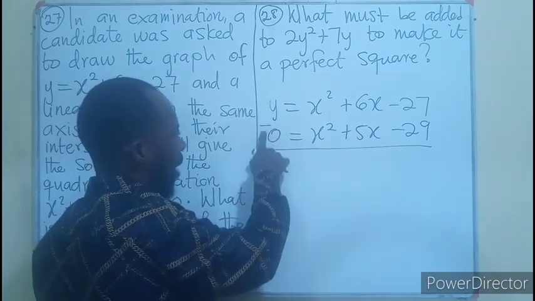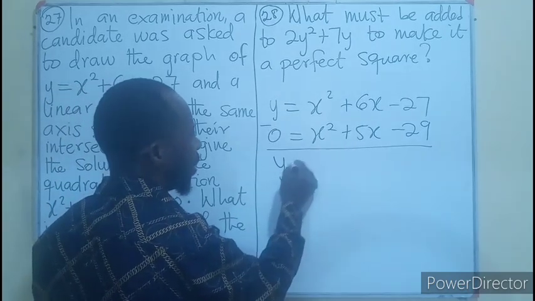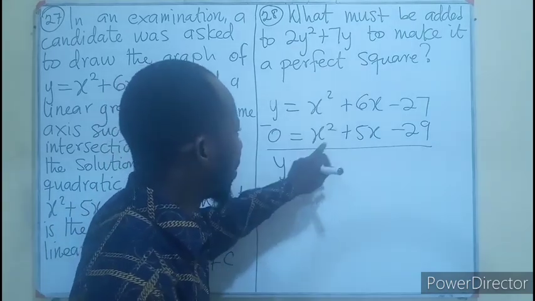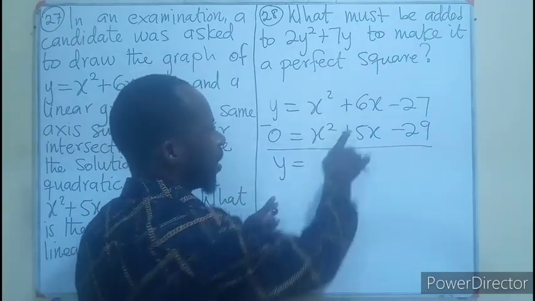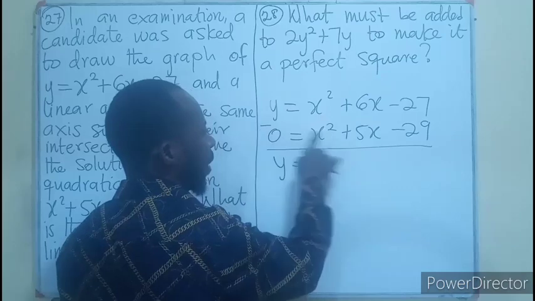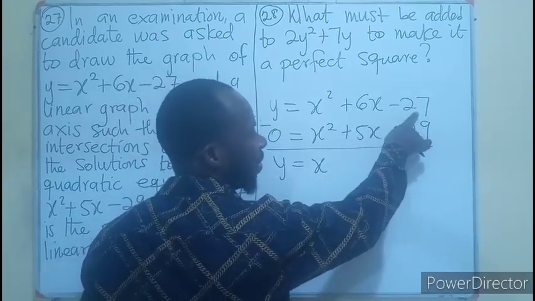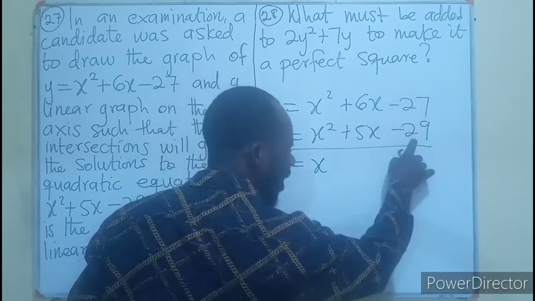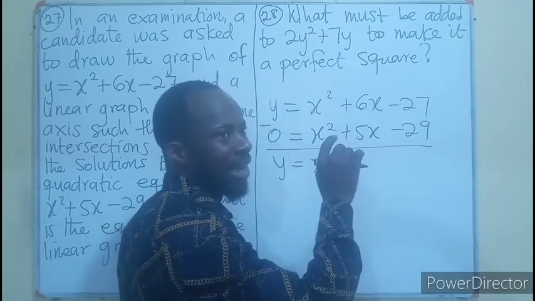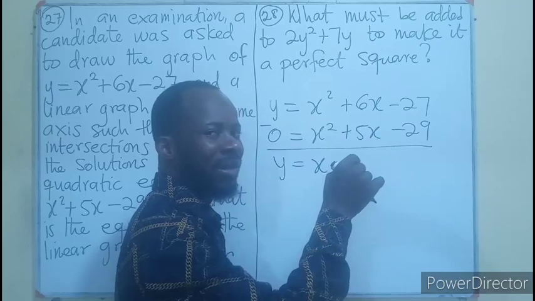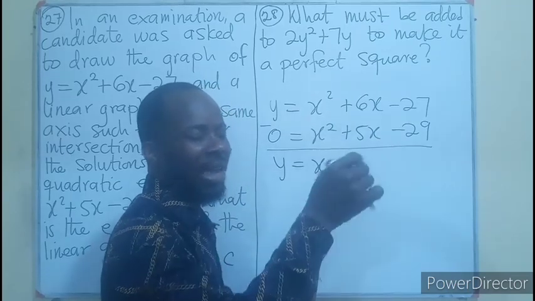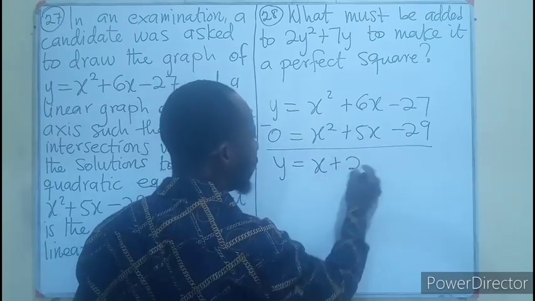y minus 0 is still y. Then x squared minus x squared is 0. 6x minus 5x gives only x. Then minus 27 minus negative 29 becomes minus 27 plus 29, which gives a positive 2.